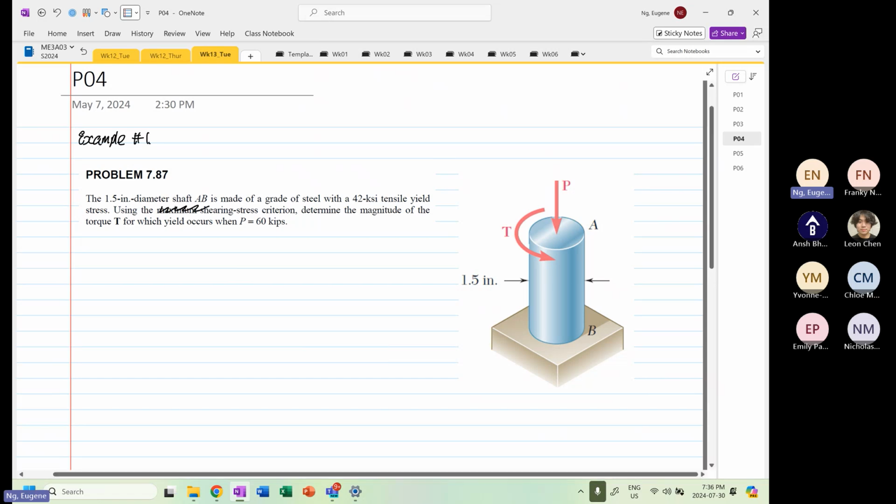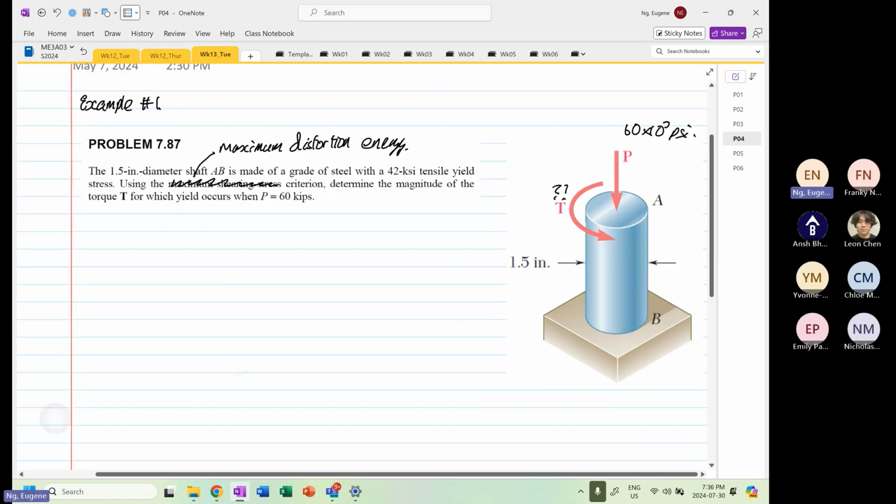First of all, we are going to use the maximum distortion energy criteria. Determine the value of the torque when P is equal to 60 times 10 to the power 3 psi.